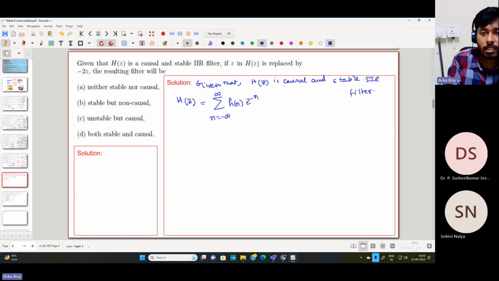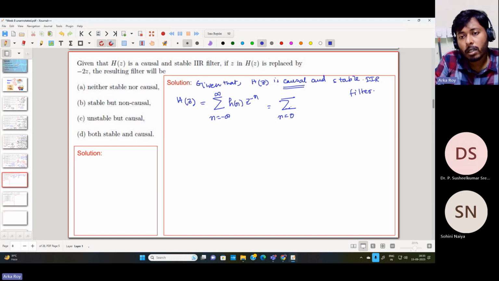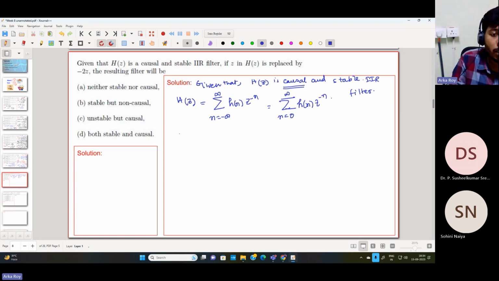Now, because in the question they have already told us that this is a causal filter, for the negative part there will be no component. So I can just consider n equals 0 to infinity, h of n z to the power minus n. Now the given argument is that we need to replace z by minus 2z.